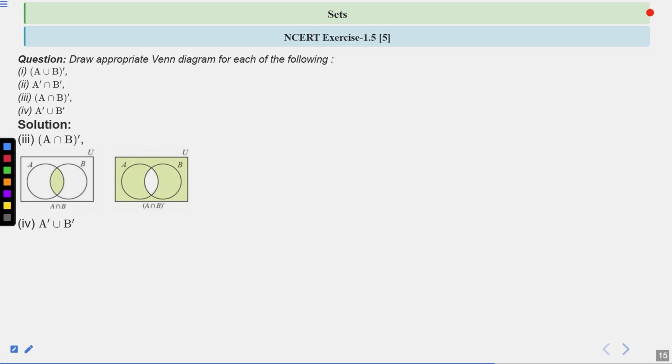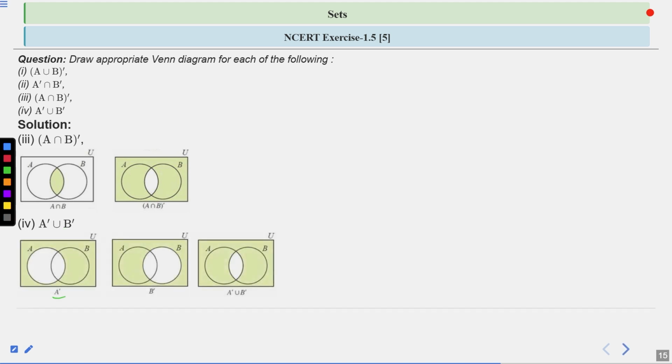Now for fourth, A complement union B complement. Very simple. Find out A complement, find out B complement, and union both. A complement is: shade everything except the circle A. For B complement, shade everything except the circle B. Now the union will be to simply shade everything except the common part.